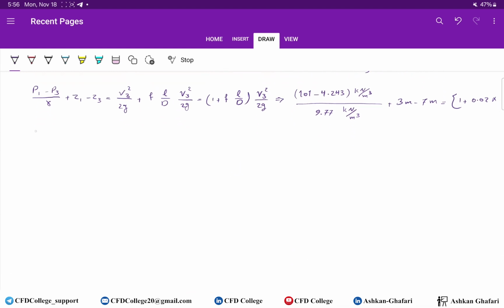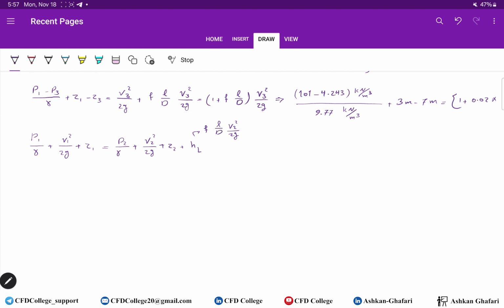So now between point 1 and point 2, P1 over gamma plus V1 square over 2G plus Z1 equals P2 over gamma plus V2 square over 2G plus Z2 plus HL, which is FL over D V2 square over 2G.